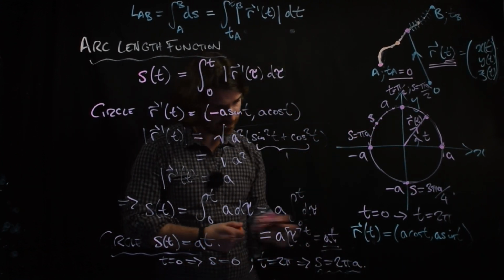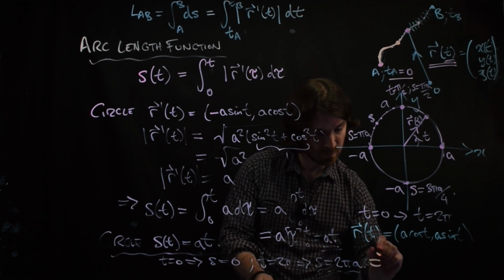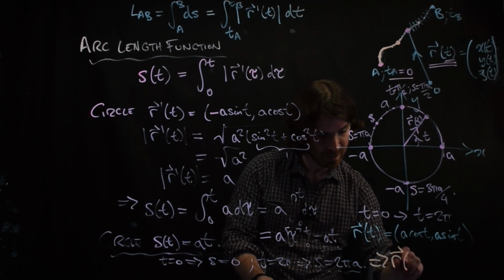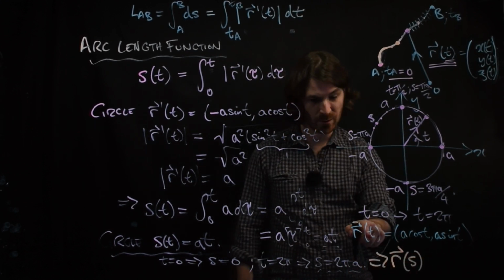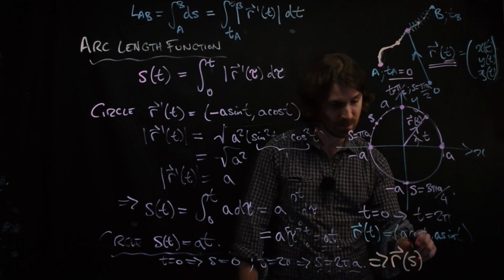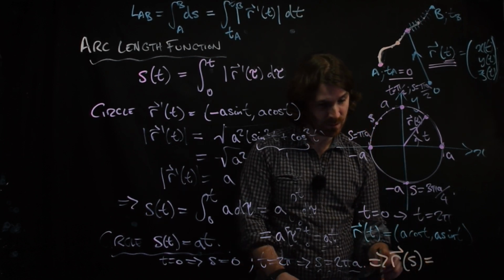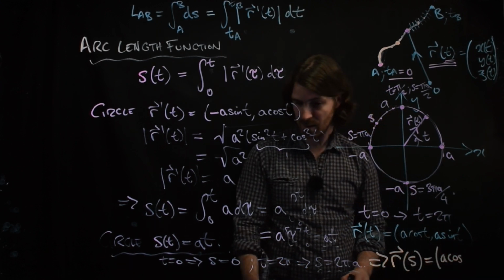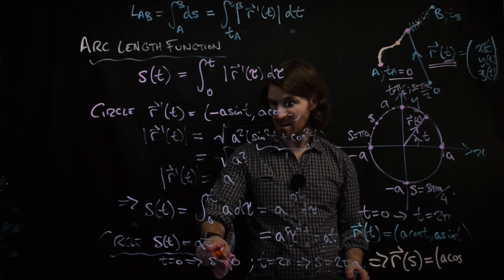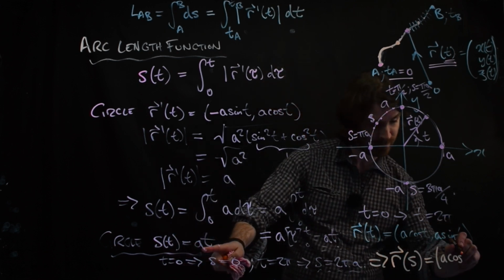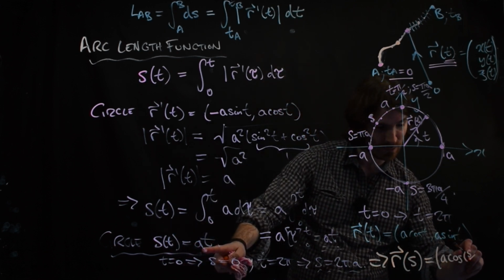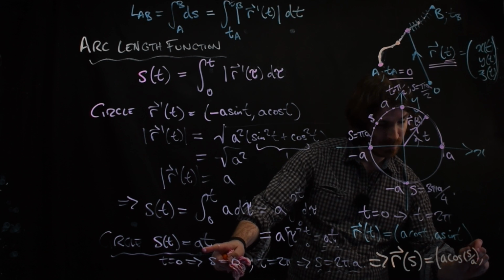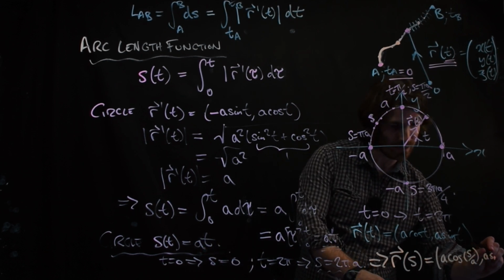To finish off. Okay, so this means that we can write r of s, okay, not the parameter t, we're not going to use the parameter s, equals a cosine, what's t? T is equal to s over a, cosine s over a, a sine s over a.